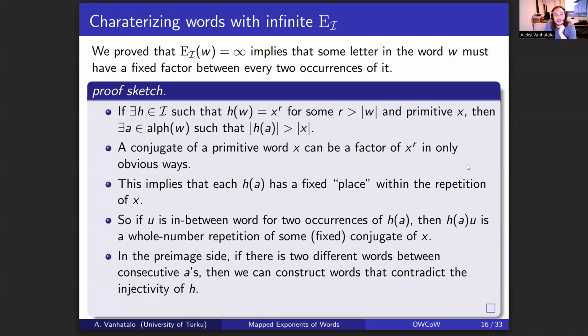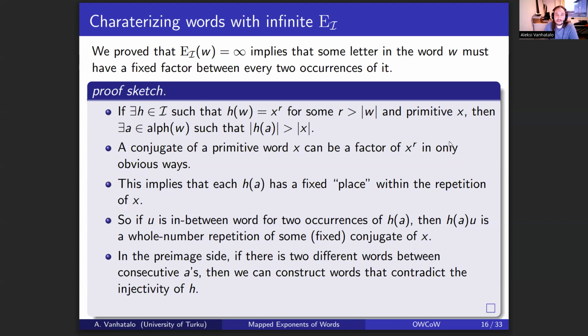And then we have this common fact about combinatorics on words, where a conjugate of a primitive word can be a factor of its repetition in only obvious ways. Usually it's stated in a slightly different form, where a primitive word can be a factor of its square in only trivial ways. So this is just a small step over that fact.